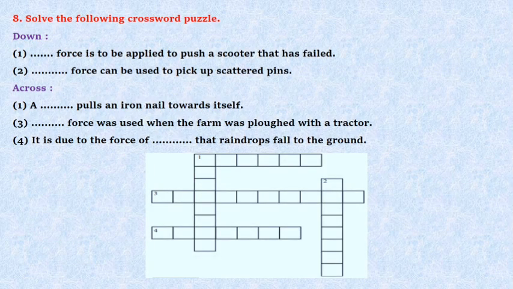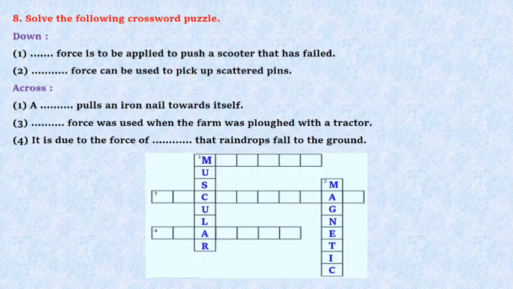Question number 8. Solve the following crossword puzzle. Down. First, dash dash force is to be applied to push a scooter that has failed. Answer is muscular. Second, dash dash force can be used to pick up scattered pins. Answer is magnetic. Across.